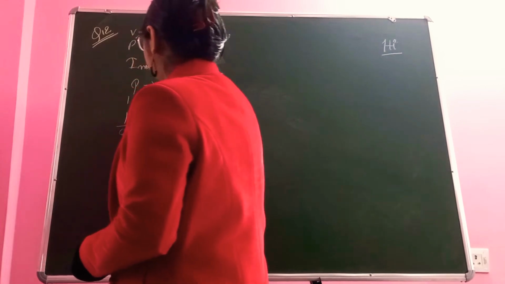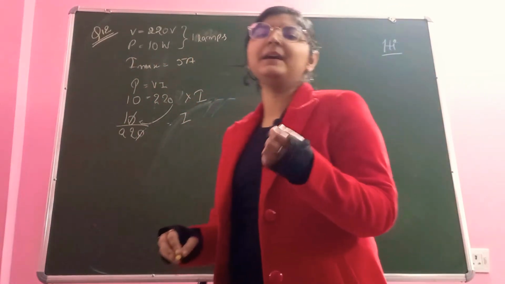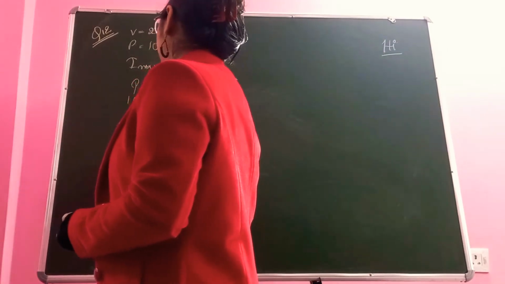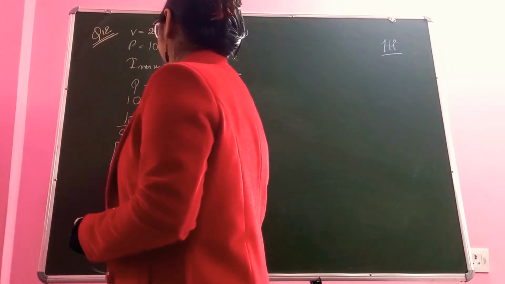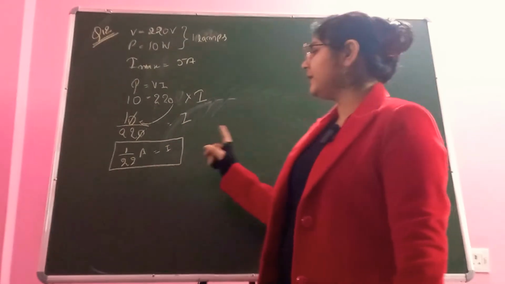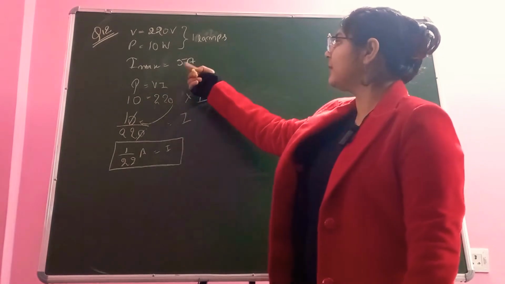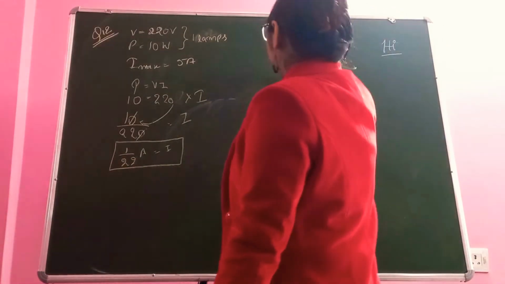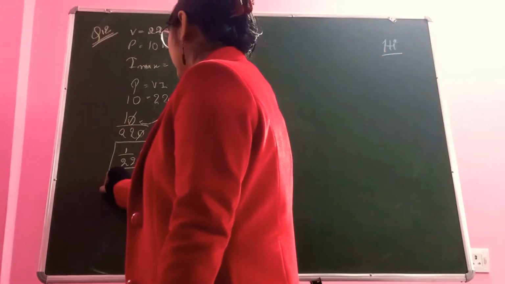So now 0, 0 cancel. So what is the amount of current that we are getting from one bulb? We are getting 1 by 22 ampere of current from one bulb, right? This much current we get from one bulb. How many bulbs will be required for 5 ampere? Let us do it by the unitary method, which we have already studied in our junior classes.